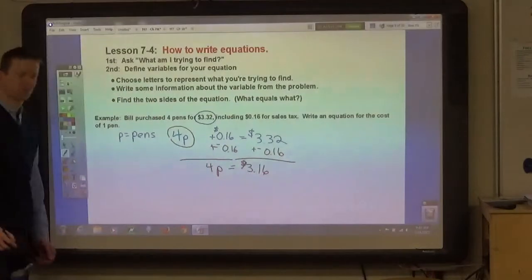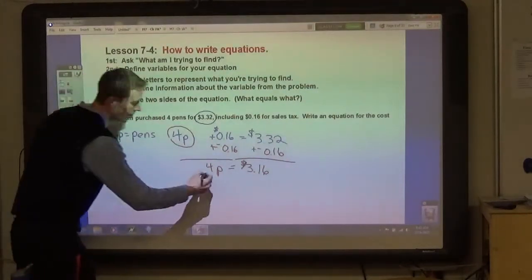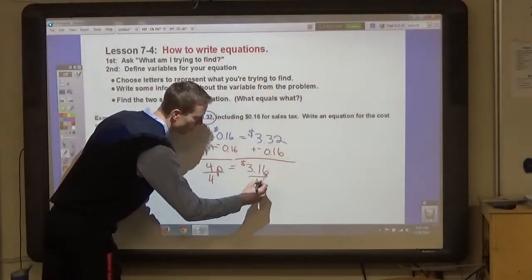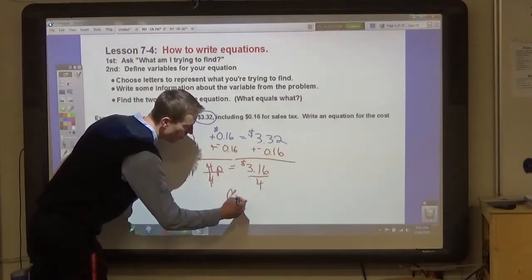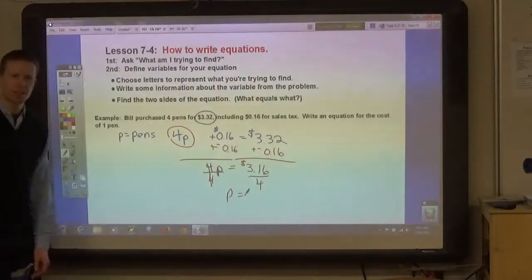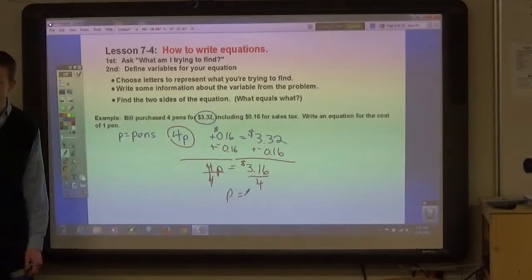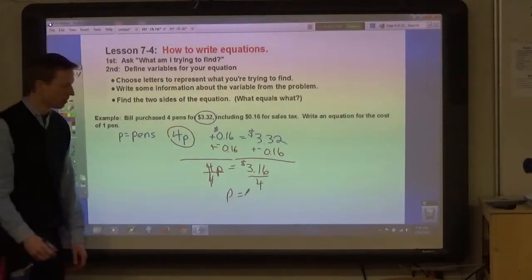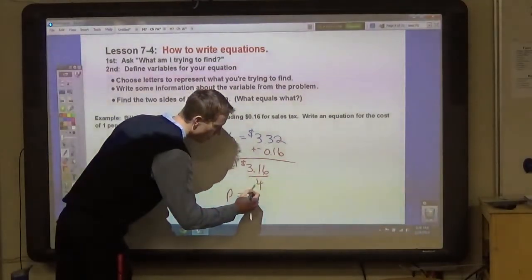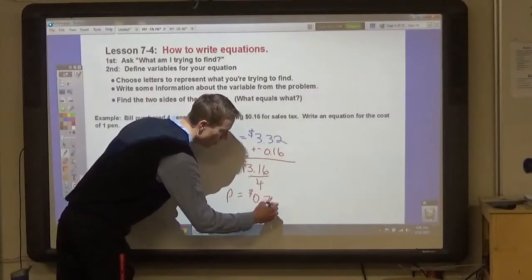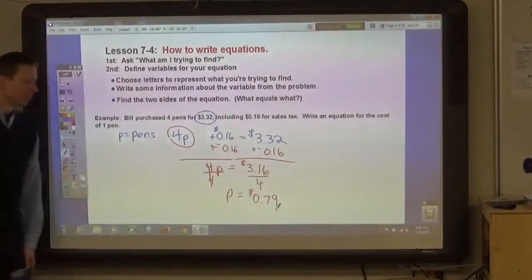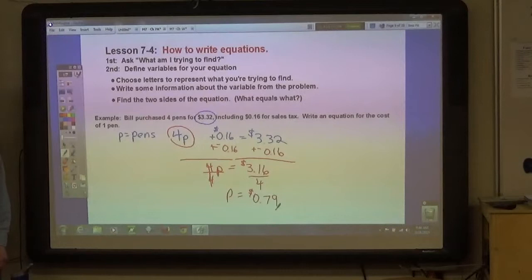And then you divide each side by four. And so the cost of 1 pen is 79 cents. It was 99 cents. Wow, that's so expensive. All right. And make sure you label it.